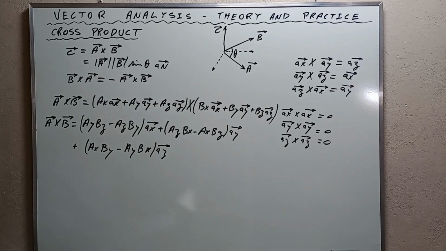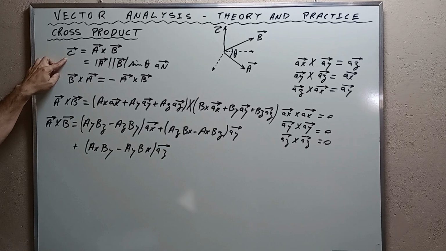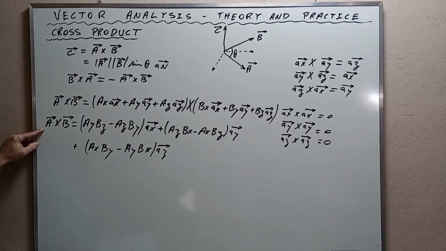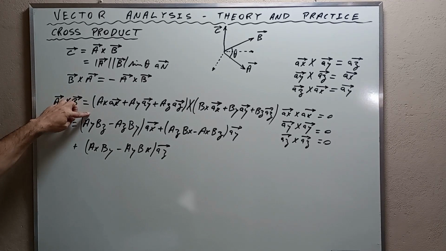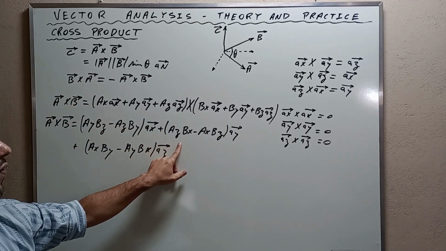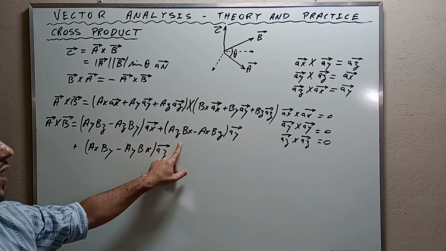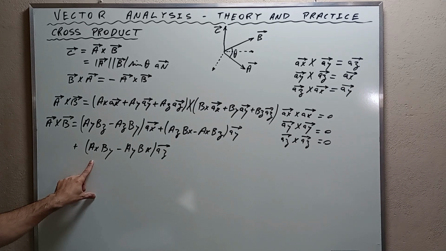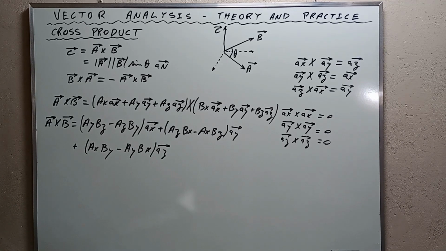Okay, this is the result. Okay, vector C obtained from the cross product between A and B is this. Okay, the coordinates of C will be CX is AY BZ minus AZ BY, CY will be AZ BX minus AX BZ, and CZ will be AX BY minus AY BX. Okay?